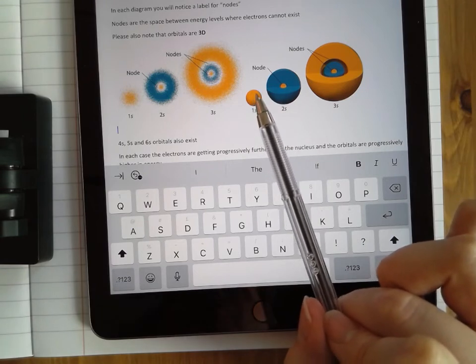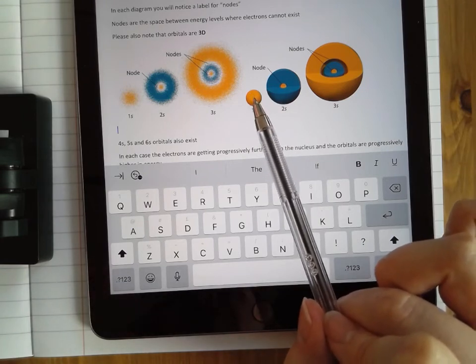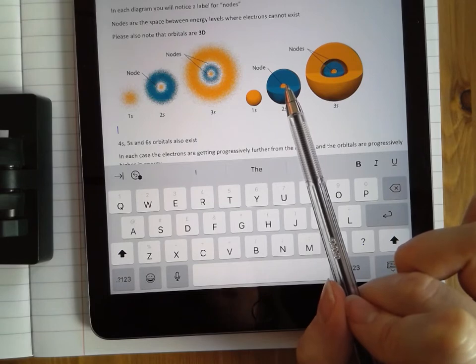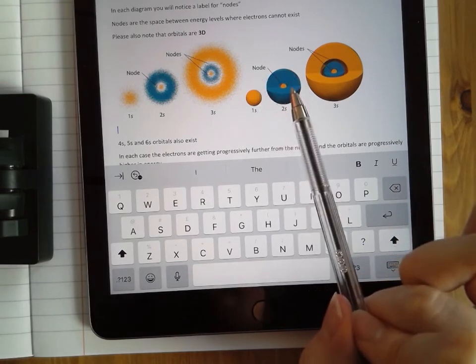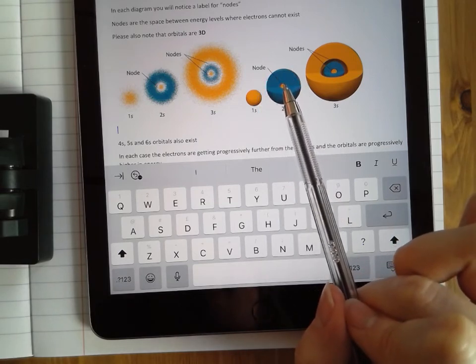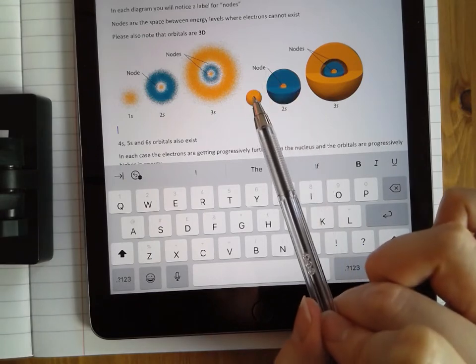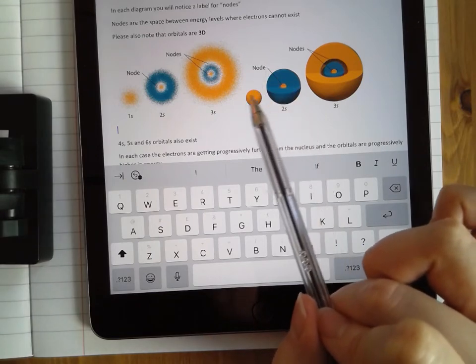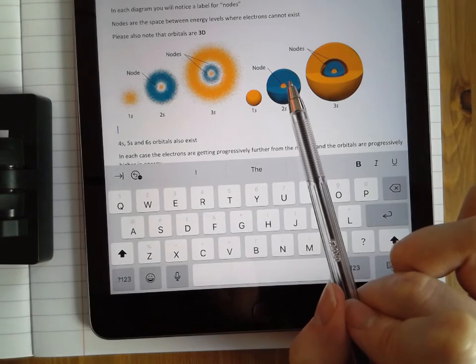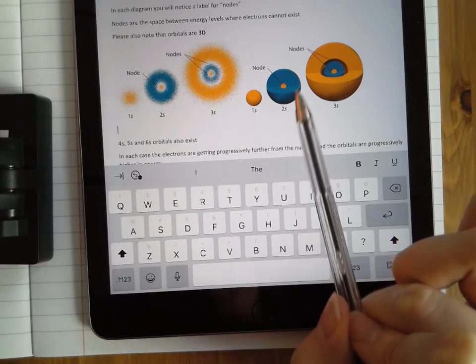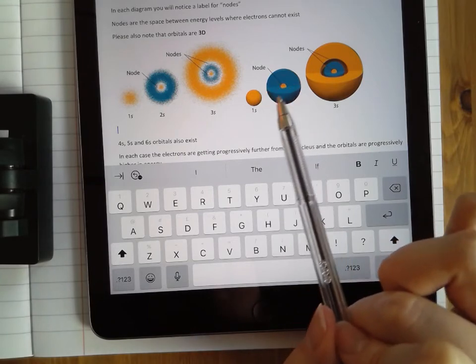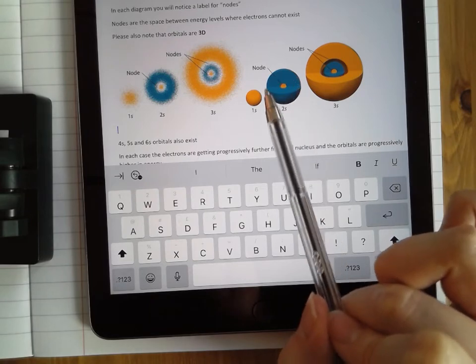I've got my 1s orbital, which is a 3D sphere. Then you move into your 2s orbital, so you have another sphere that's going to surround your 1s orbital. For lithium, the first 2 electrons will exist in this 1s orbital, and then in the 2s orbital, lithium's third electron will be moving around this space here.